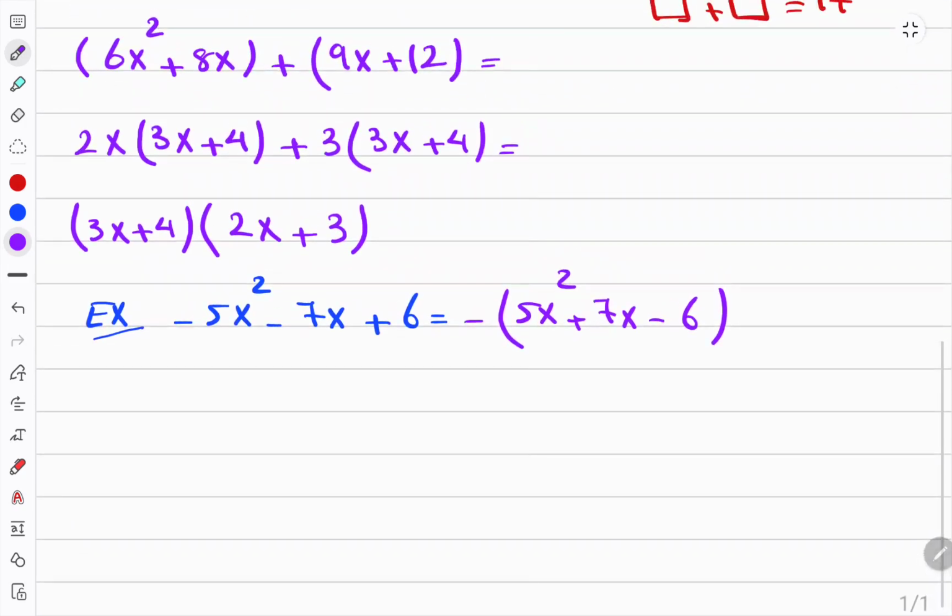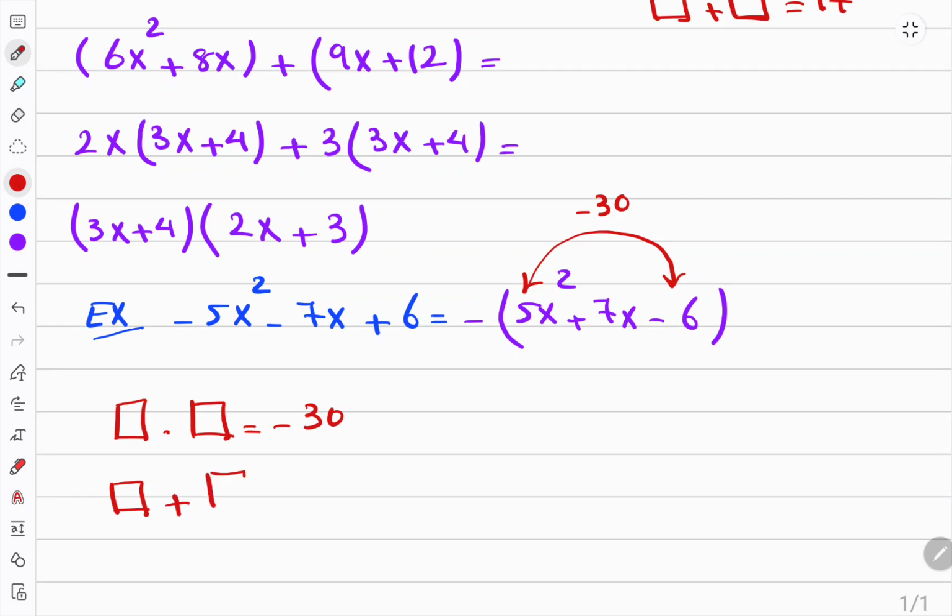And now I'm going to find the product of the leading coefficient and constant. 5 times negative 6 is negative 30. So we are looking for two numbers with product negative 30 and sum of 7. 3 and 10 lead to 30 for the product.